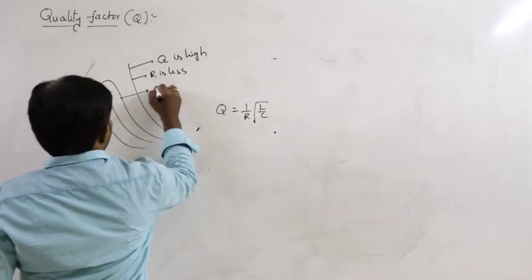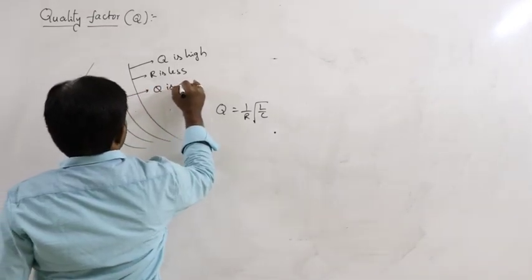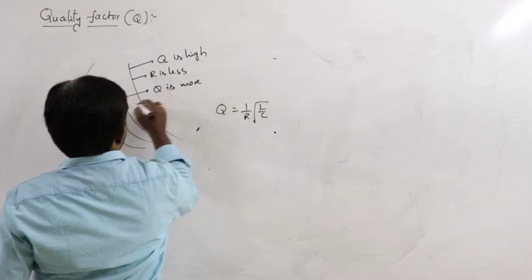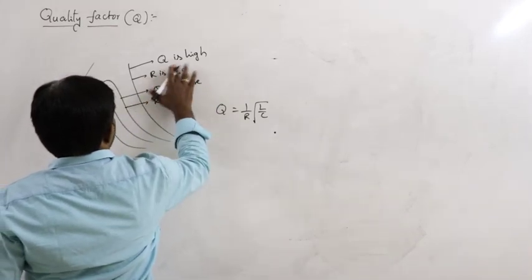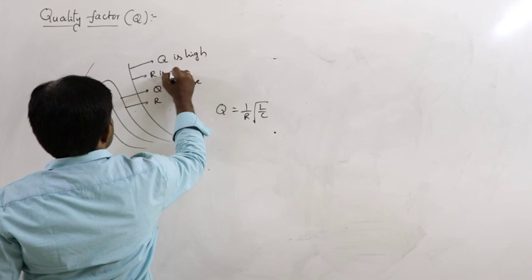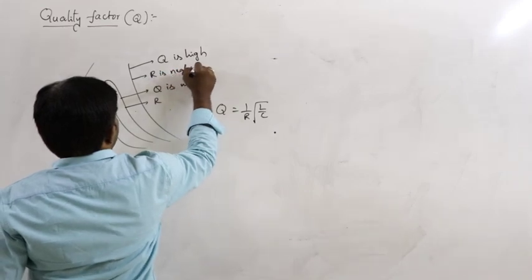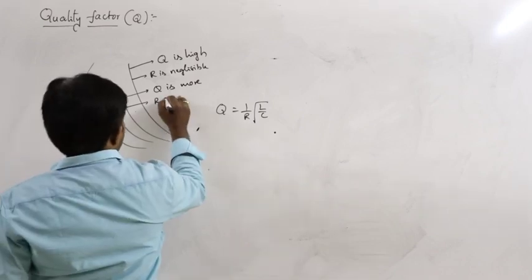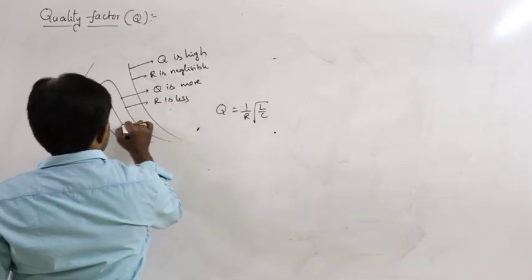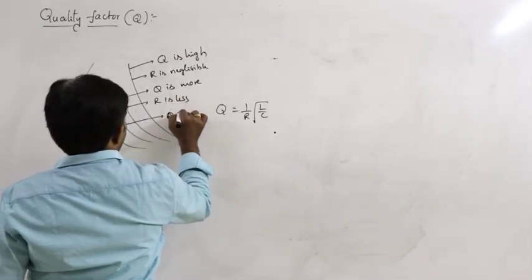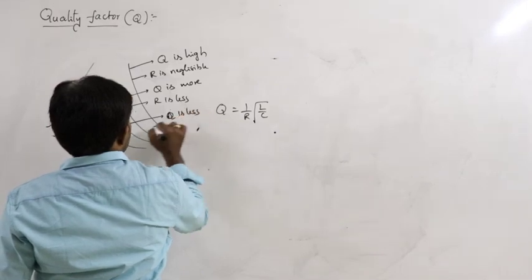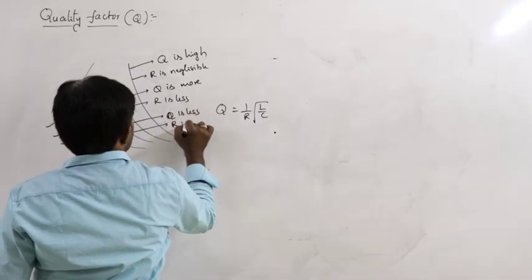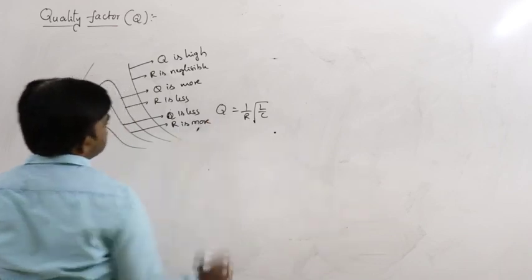Here Q is more, R is negligible, then the sharpness of the curve is infinity. R is less. Next, here Q is less, R is more.